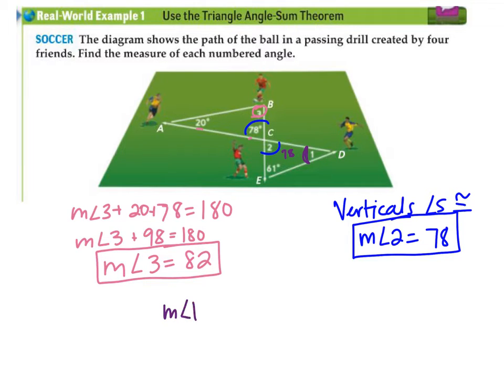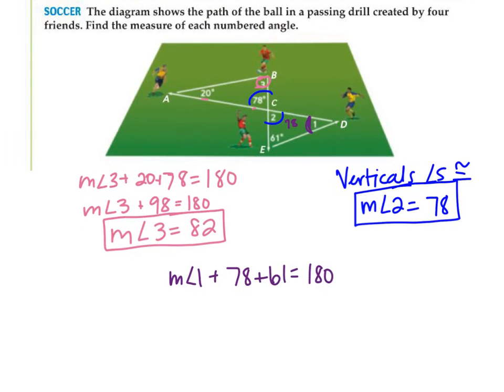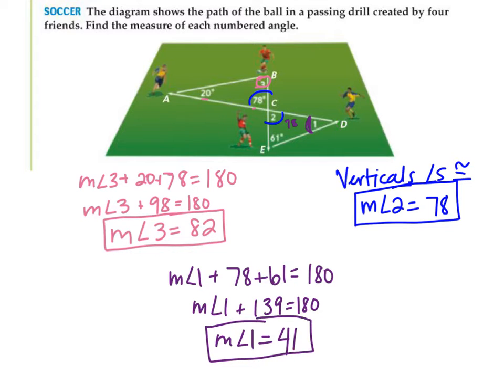So the measure of angle 1 plus 78 plus 61 equals 180. Adding these all together, we get a total of 139. Then taking that away from 180 leaves us with our measurement of angle 1, which is going to be 41.